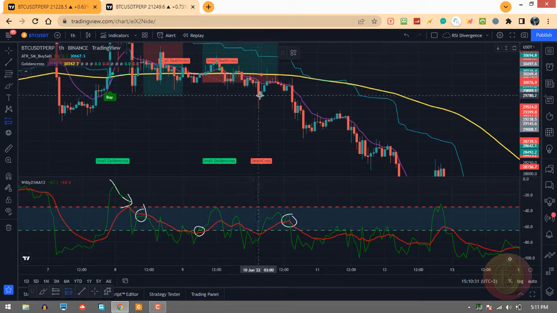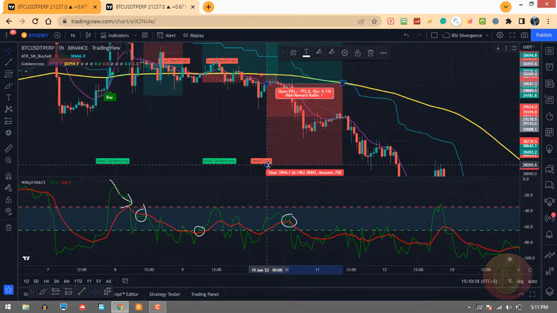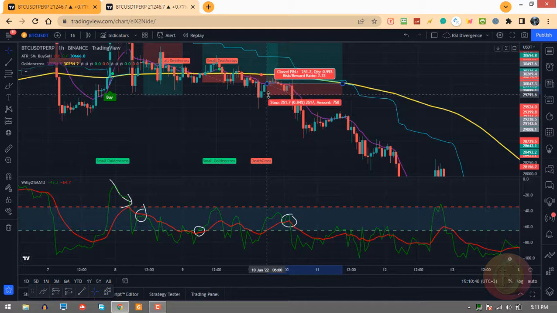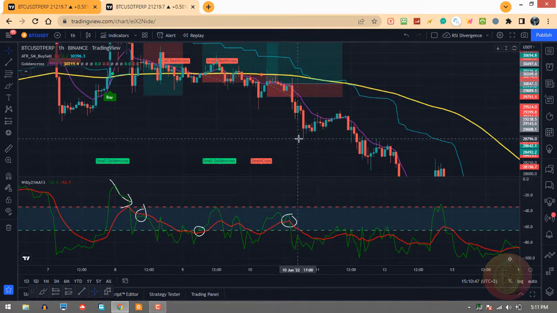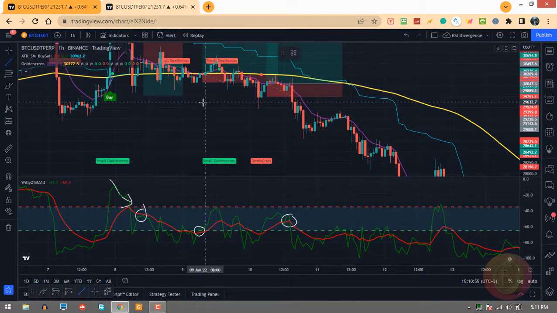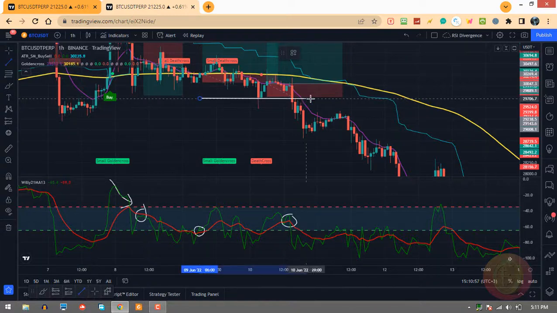Let me show you a possible long here, with all the conditions matching and becoming true, but this is also a losing trade. In this case you can utilize other indicators like golden cross and death cross. Let me show you here. You can draw a line. You have two losing trades, and you can draw a line of support and resistance.